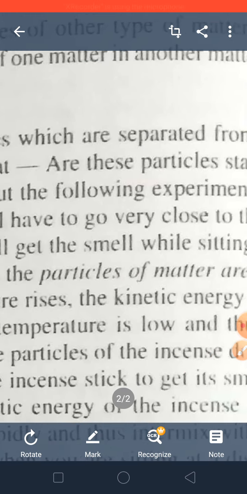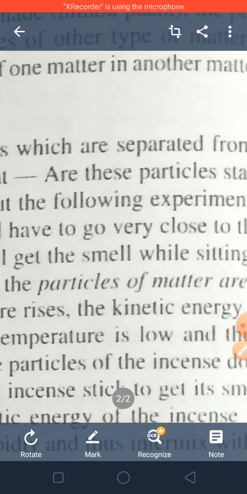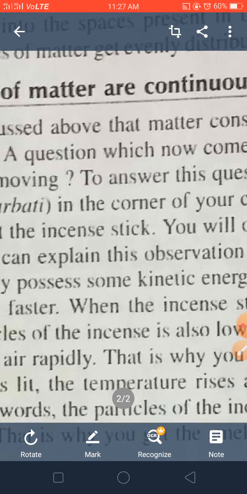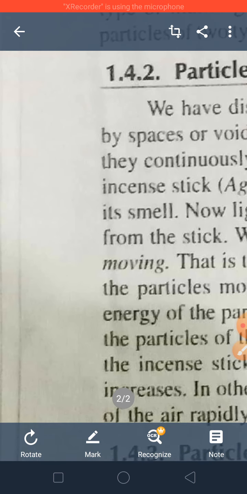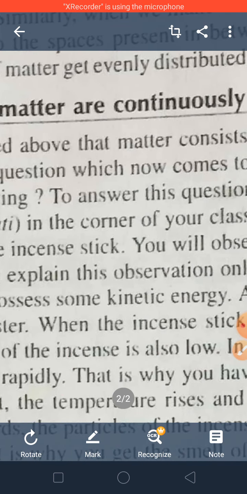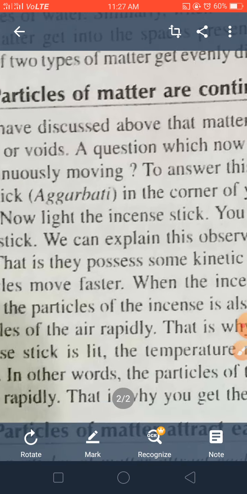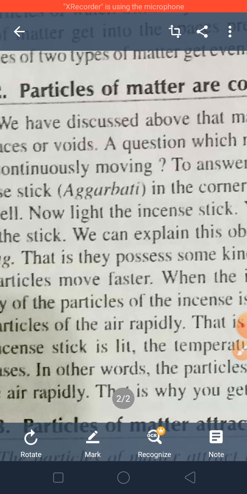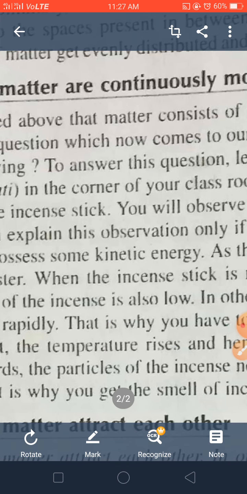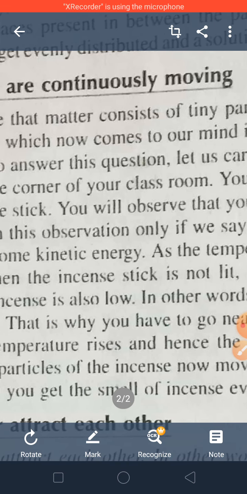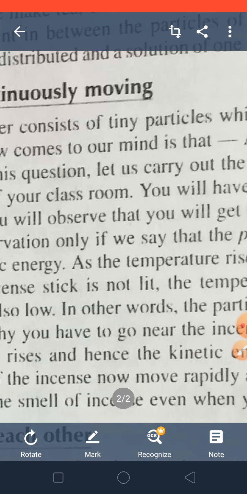you get the smell while sitting far away. Now light the incense stick, you can see that once we light the stick, the smell comes even if you are in the other corner of the room.